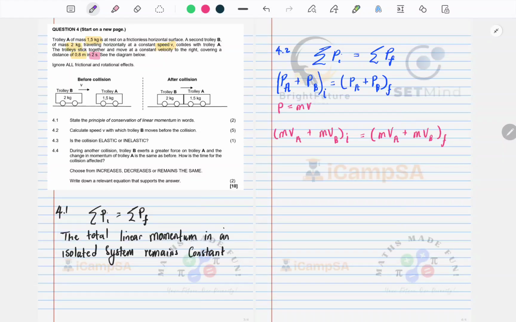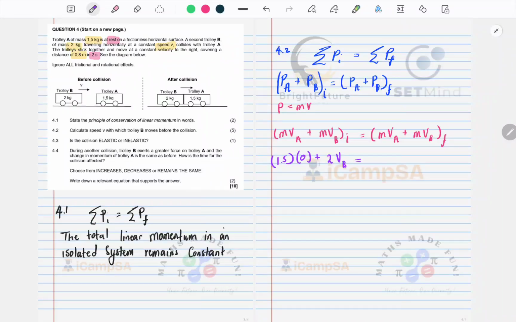So we have A, which is 1.5, right? Remember, A is at rest. This is a key point also, at rest. We are saying vA here initially is 0. And then this one is what we are looking for, so we're going to have 2 vB like so, initially.